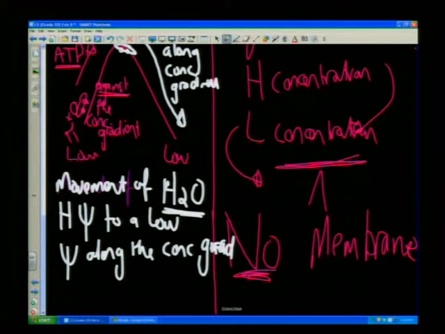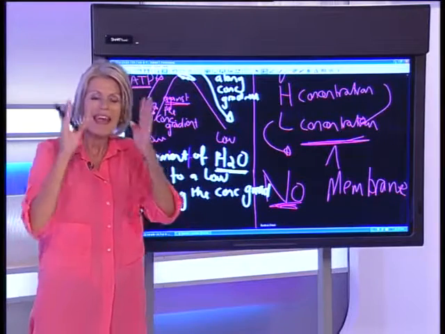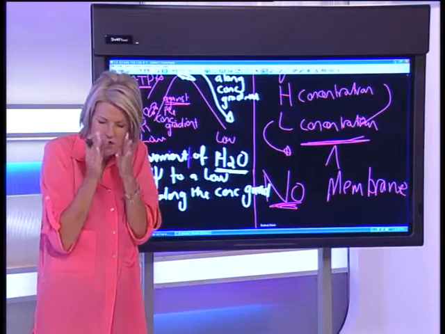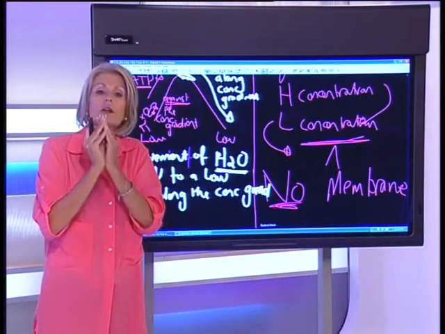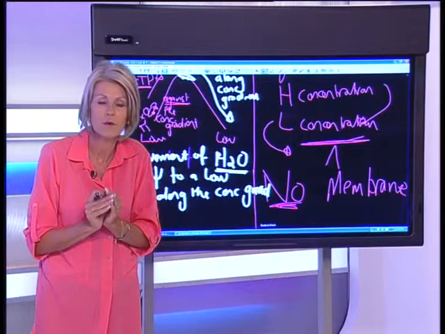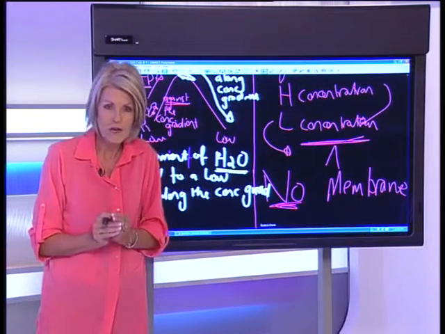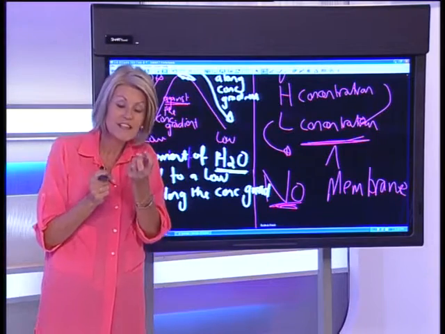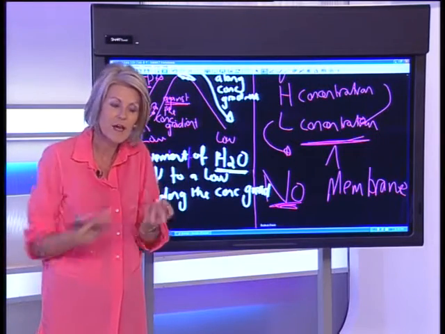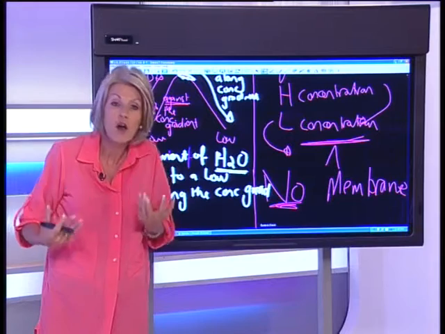okay? But you can never, ever, ever, and close your eyes and hear my voice, you can never have an equilibrium with osmosis. Not ever. All right, because the solutes that change that gradient cannot move through the membrane. They can't.